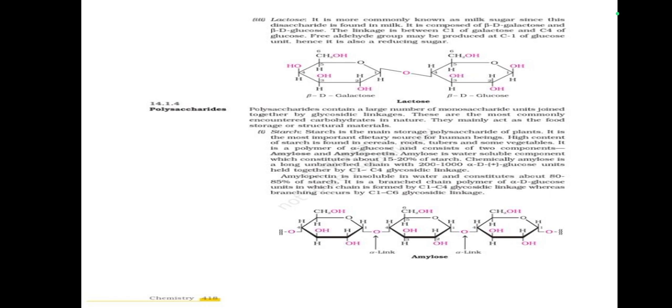Amylopectin is insoluble in water and constitutes about 80 to 85% of starch. It is a branched chain polymer of alpha-D-glucose units in which the chain is formed by C1 to C4 glycosidic linkage, whereas branching occurs by C1 to C6 glycosidic linkage.